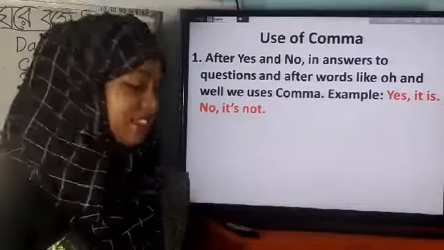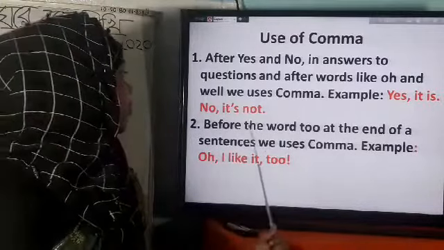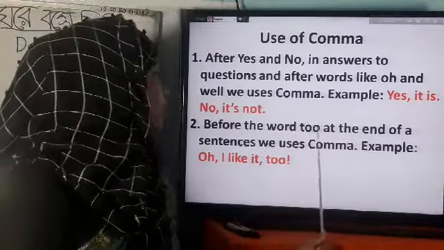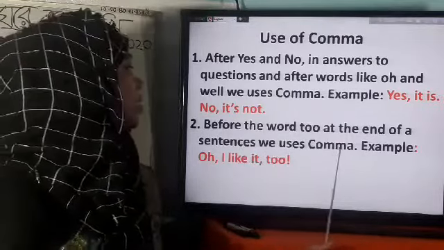Now next uses of comma. Number 2, before the word "to" at the end of a sentence we use a comma.